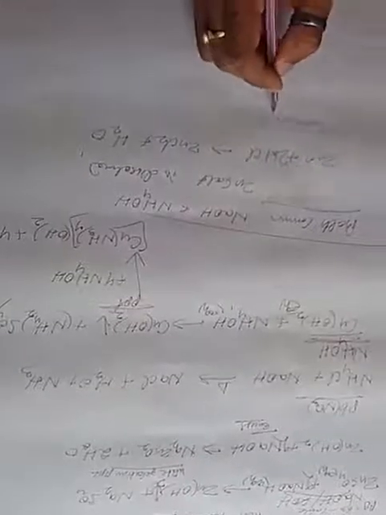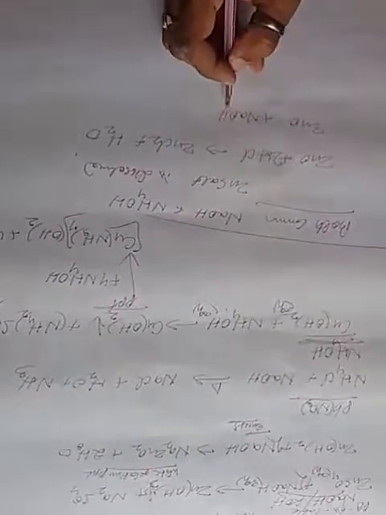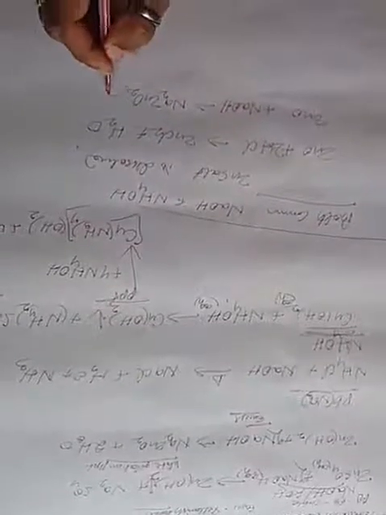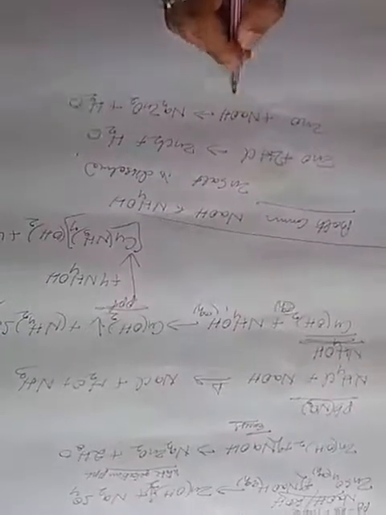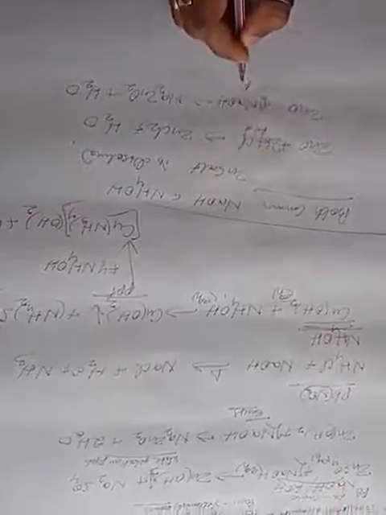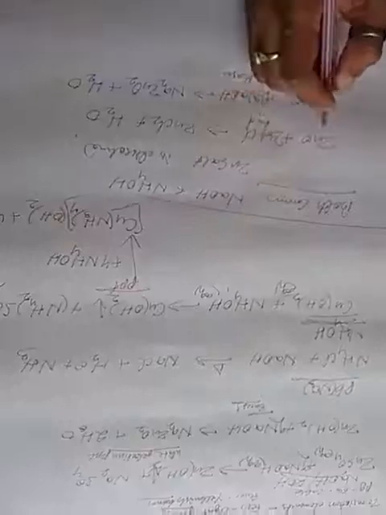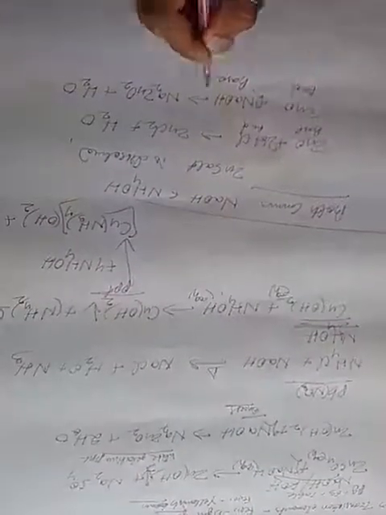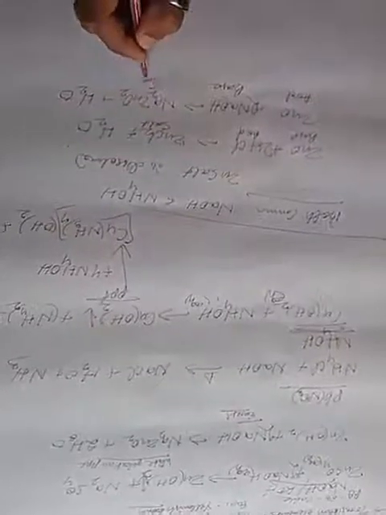Another, zinc oxide plus sodium hydroxide, it gives sodium zincate plus water. You see here it is acid, here is the base. So if it is acid, it is base. If it is base, it is acid. So this is salt, this is salt.